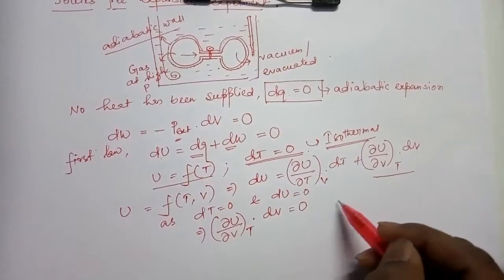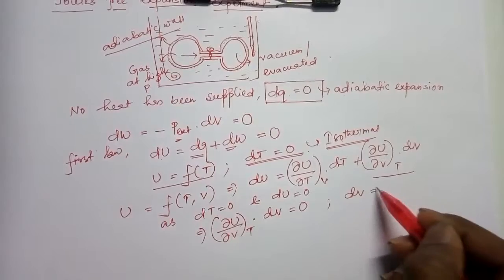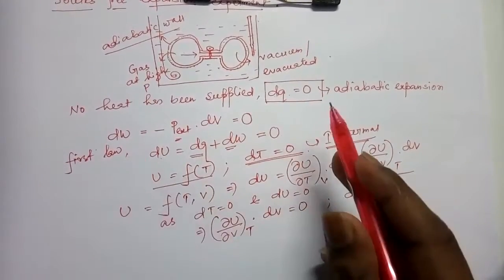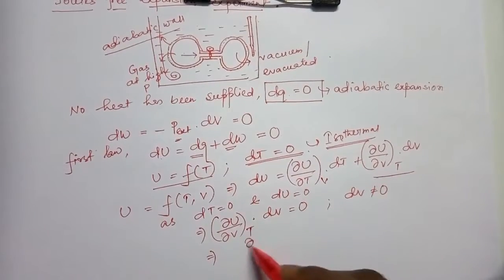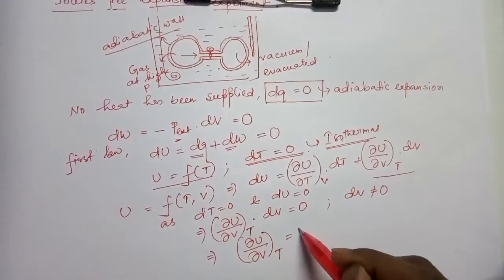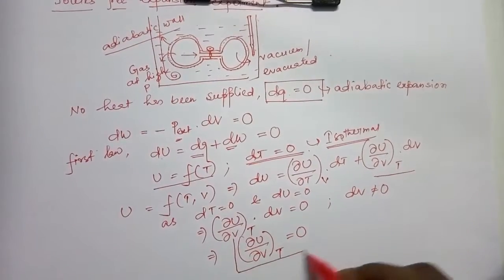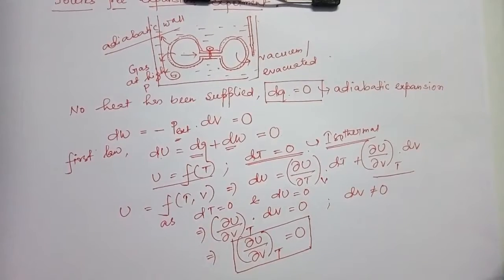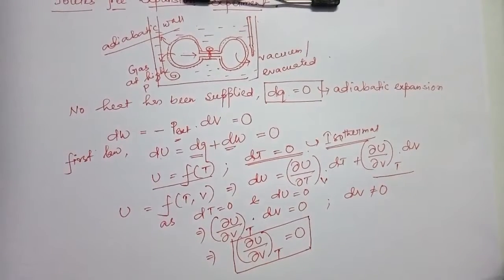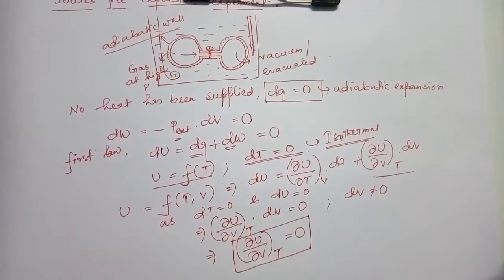As dV is not equal to 0 because there is an expansion of volume, then del U del V at constant T equal to 0. This is the condition for free expansion.